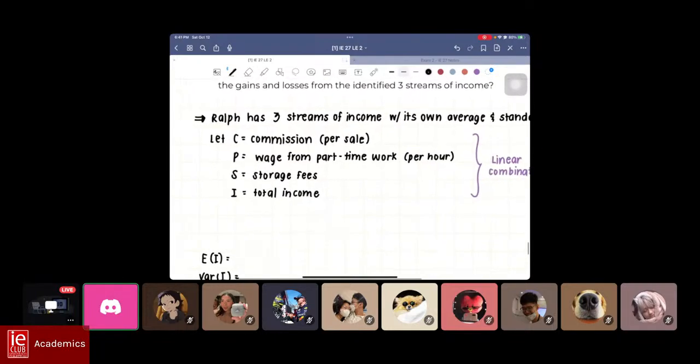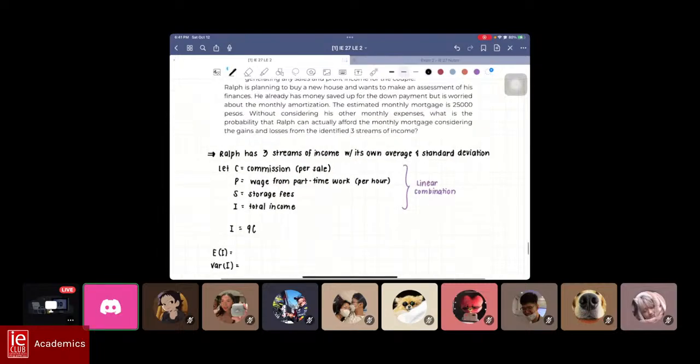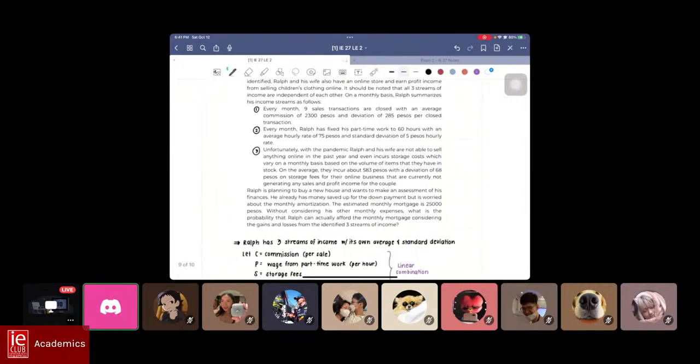So following the formula for linear combination, we can get I is equal to 9 times C, since there's 9 sales transactions.